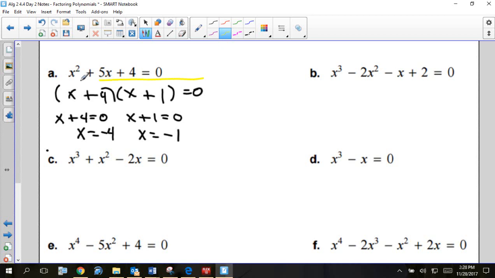What it's asking you to do is find the factored form and then match it using end behavior and x-intercepts. So look at your graphs. This one's even, so which graphs have even end behavior and cross at negative 4 and negative 1? Just see. So that's what that one matches to.